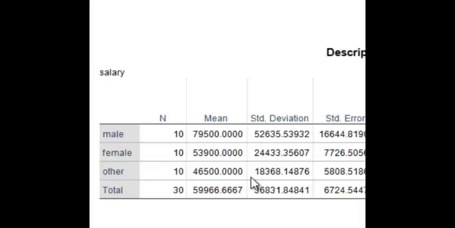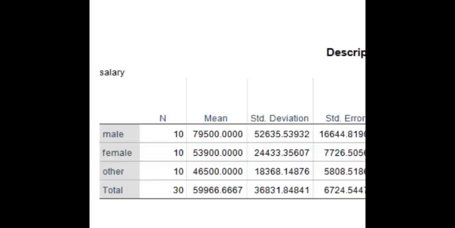Now, one thing that you want to pay attention to, and here's where the standard deviation is very informative. Notice that for the males, it's 52,635. That's telling you that there's quite a lot of variability between and amongst the scores as it relates to the mean score. In other words, there are some outlying scores that are influencing the mean of the males, particularly at the high end.